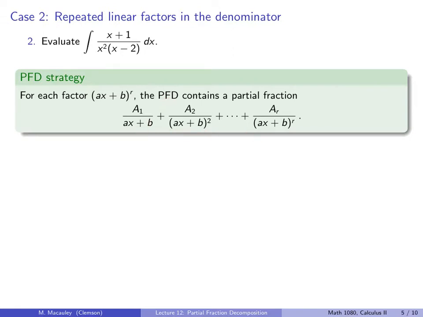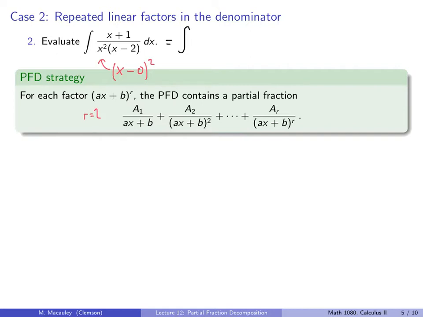In other words, for here, we want to write this as, well, let's see. Our repeated term is x minus 0 to the second, so for here, r equals 2.